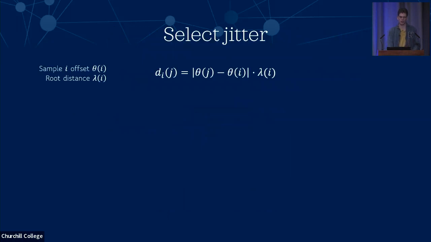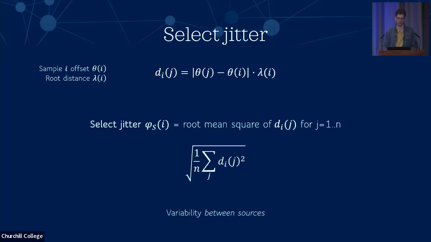We start by defining this metric d between 2 samples i and j, which is the difference between their offsets multiplied by the root distance of i. And then the select jitter for a candidate i is the root mean square of this metric d to all the other candidates j. This is just a measure of how far candidate i is from all of the other candidates.